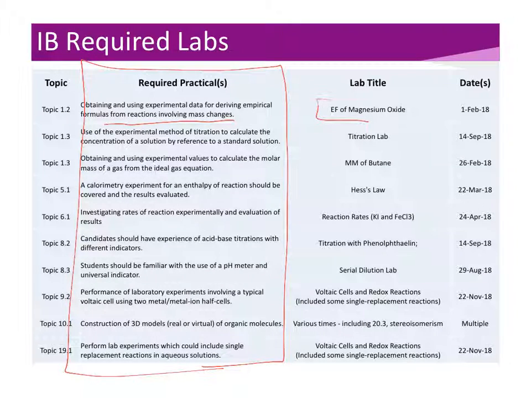Well, we did that as the empirical formula of magnesium oxide in February of our junior year, of year 1. So you've got an idea now of a very general statement and the specific lab that we did. So these are all the statements for labs that IB wants us to do together, and these are the dates we did the lab, and this is the specific title of the lab that I called it for your benefit.